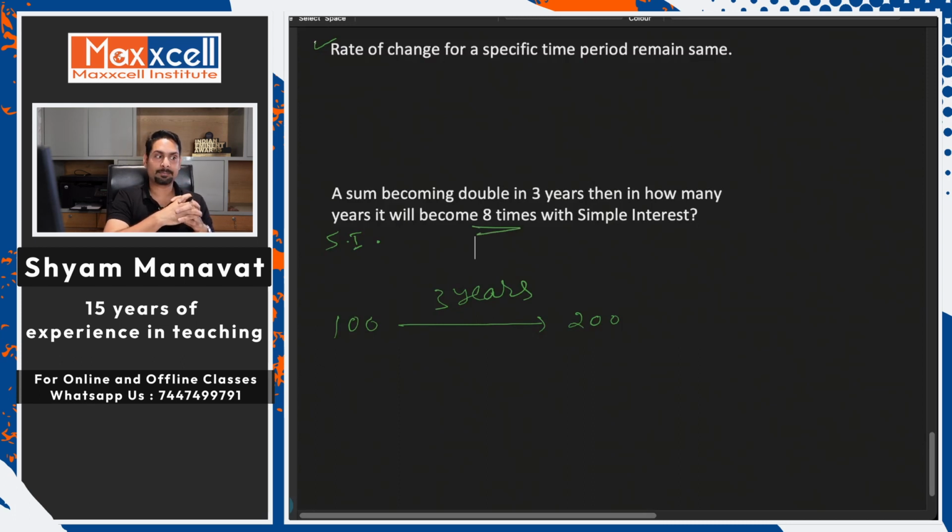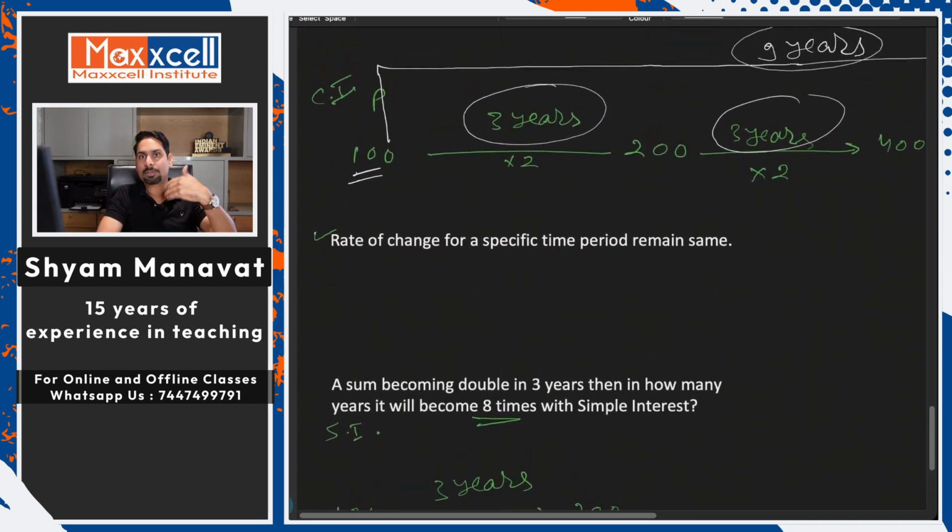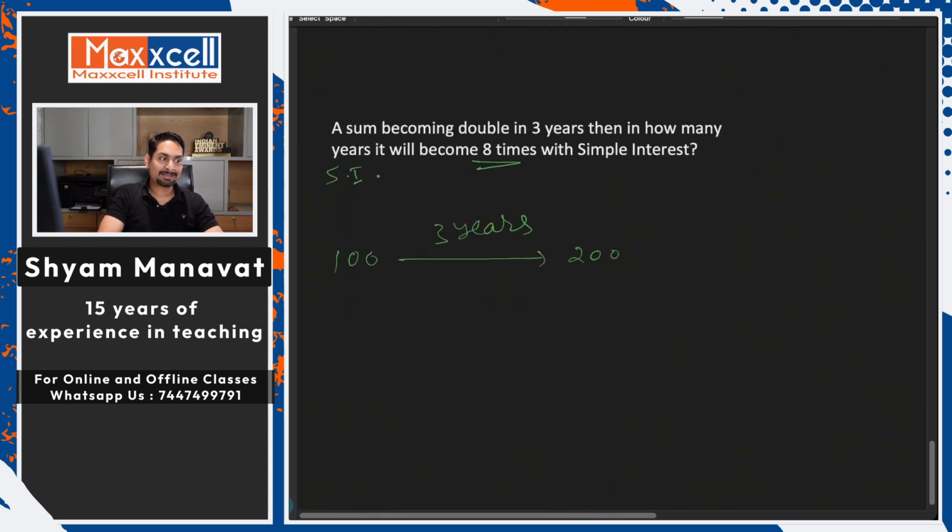Now in simple interest, it grows with addition because every year the value is equal. So it grows with the addition, right? And in compound interest, it is growing with the multiplication. You need to understand that. So here in simple interest, we will say in 3 years it is increasing by 100 rupees. See the difference.